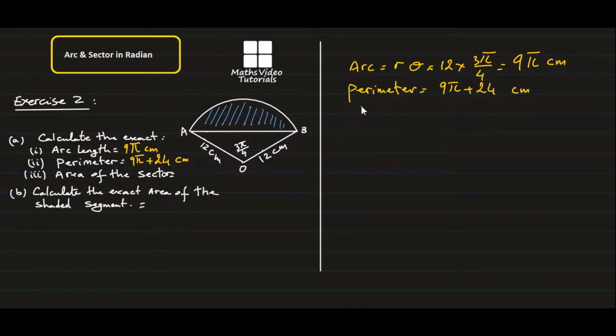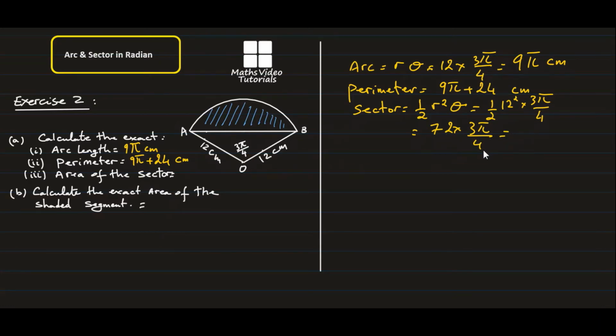The area of the sector is given by the formula half r squared theta. So that's half times 12 squared times 3 pi over 4. We do the calculations. 12 squared is 144, divided by 2 is 72, times 3 pi over 4.